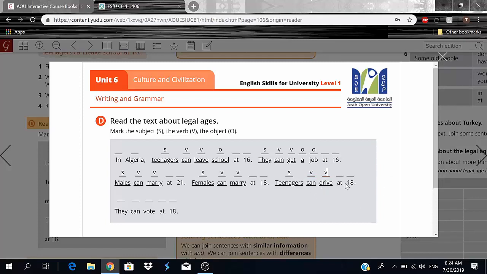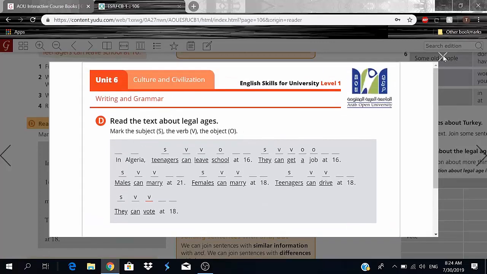And finally, I'm guessing this one doesn't have an object as well. This is weird. What is this number? So they will be the subject. Can vote will be the verb. And that's about it as well. So no object here. So we have two sentences that have an object, right? And we have three, or actually four, not three, 1, 2, 3, 4, that do not have an object. Alright, you guys?